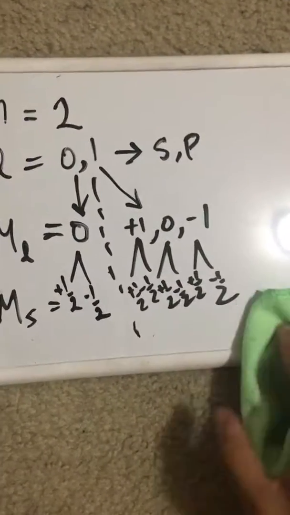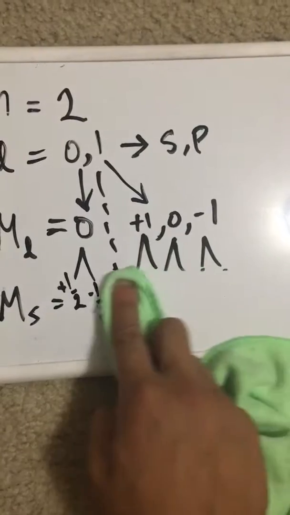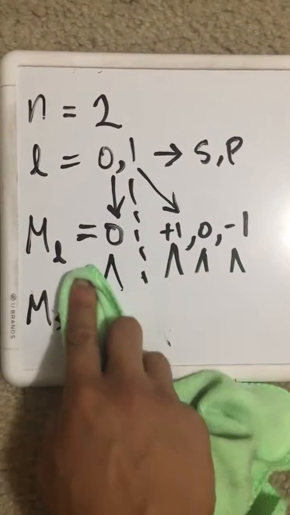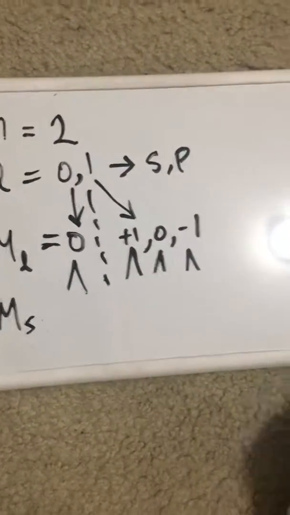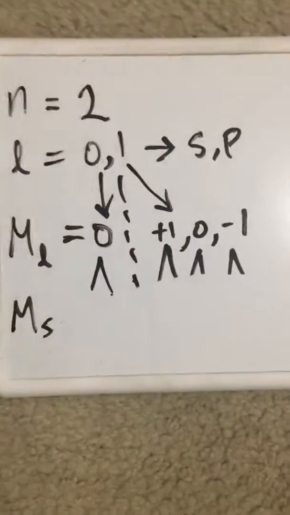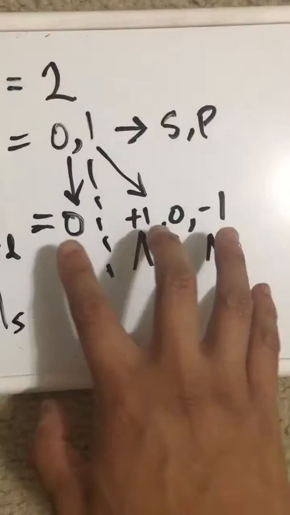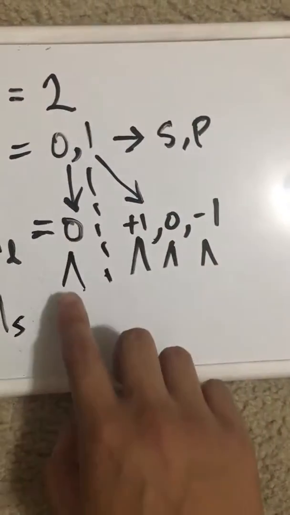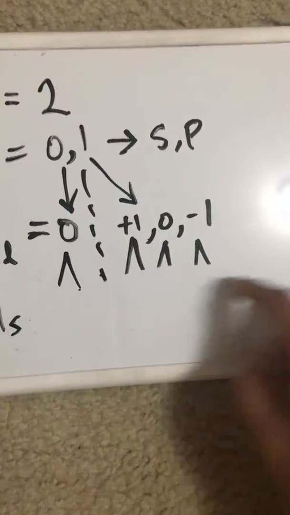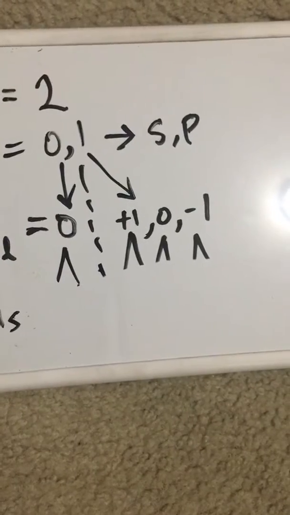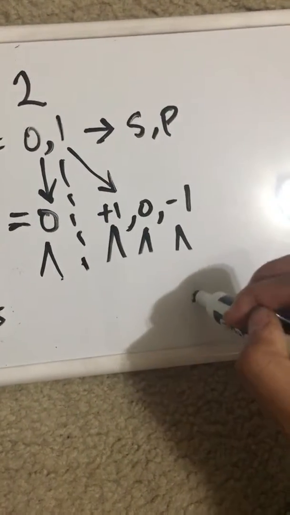Well, this might be confusing to look at, the spin, because we don't necessarily need the spin to count the amount of electrons there are. Just remember that in each orbital there are 2 electrons. So we have 4 orbitals and 2 electrons each, which means that we're dealing with 8 electrons in total.